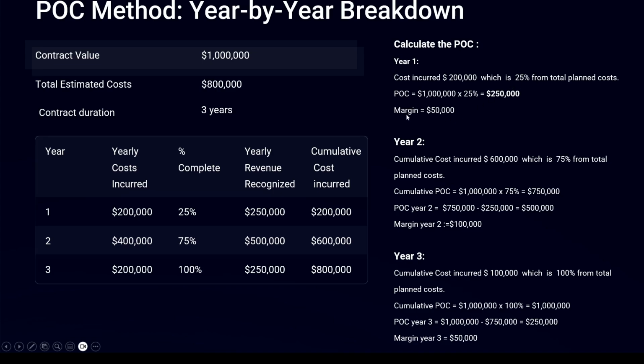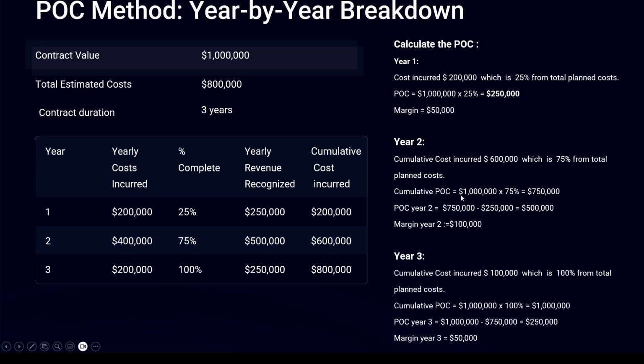Then we calculate the margin, which is the difference between the revenue, 250,000, minus the total cost, which is 200,000, and we get $50,000. In the table, you see year 1, we have 200,000, 25% as percentage of completion, the first year revenue generated, which is 250,000, and the cumulative cost incurred, which is 200,000 for the first year.